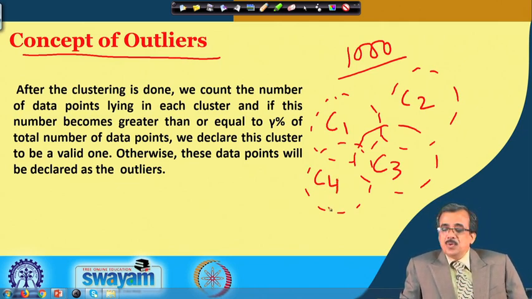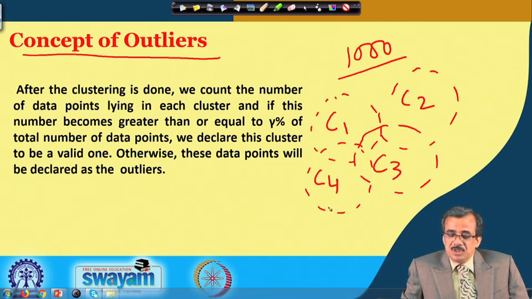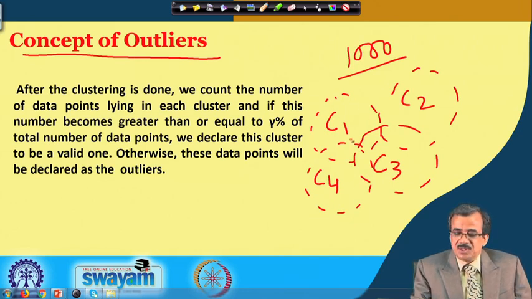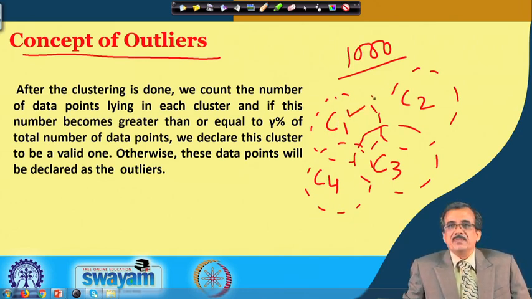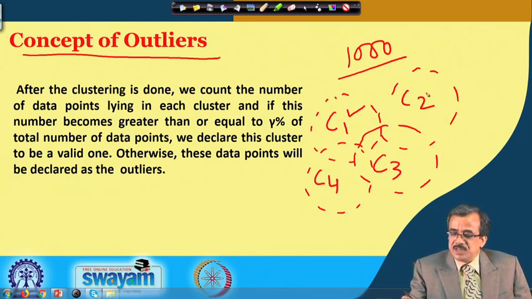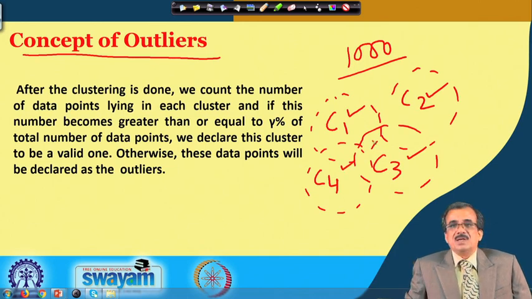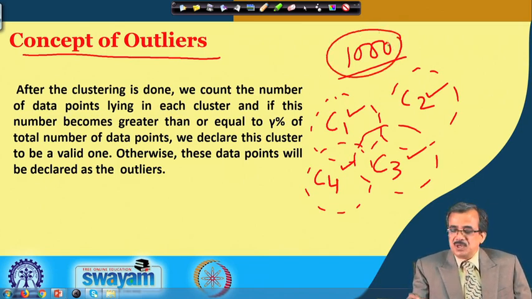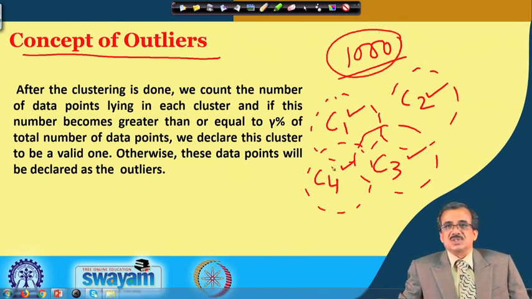Now, we try to count the number of data points present in each of the clusters. So, we find out how many data points are there in the first cluster, that is C1, the second cluster whose center is C2, the third cluster, the fourth cluster. Supposing that these 1000 data points have been clustered into 4 clusters, and we know how many data points are present in each of the clusters.